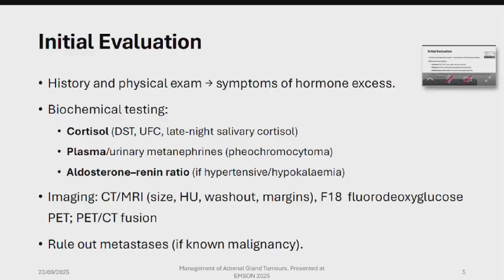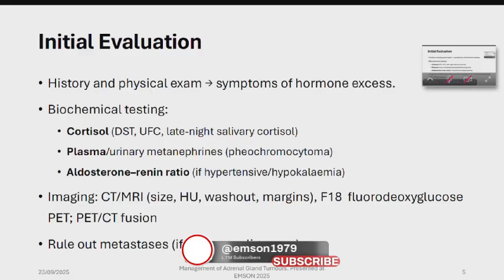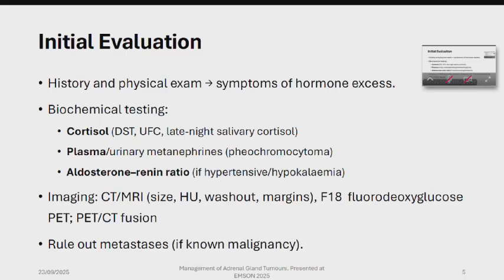In endocrinology, we know that it's only when we have established that a particular hormone is high or low that we go for imaging, not the other way around. If not, we are going to waste the patient's money. So when we have confirmed that the hormone is high or low, as the case may be, then we may go ahead and choose the imaging of choice. And this could be a CT, MRI, and this will show the size and all that.